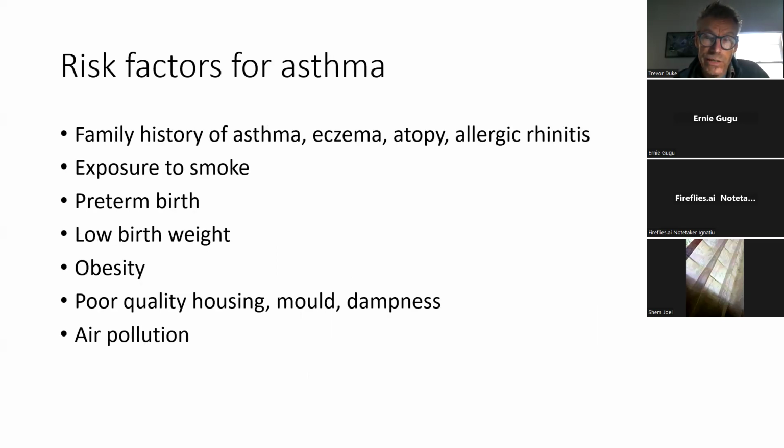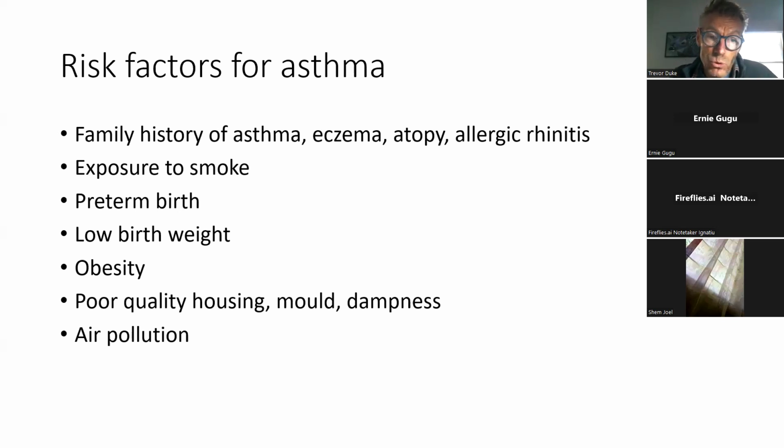There are certain other risk factors for asthma. If a child's got a family history of asthma or eczema or allergic rhinitis, exposure to smoke, if they're preterm babies or ex-preterm babies, or low birth weight, and in some communities, overweight children are more at risk of asthma for lots of complex reasons.